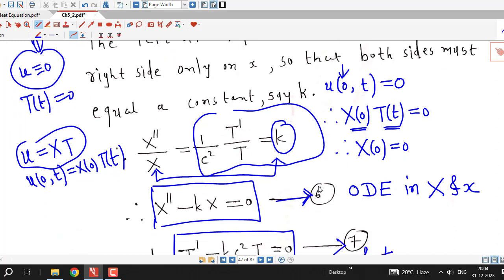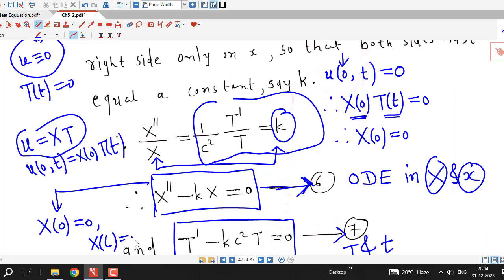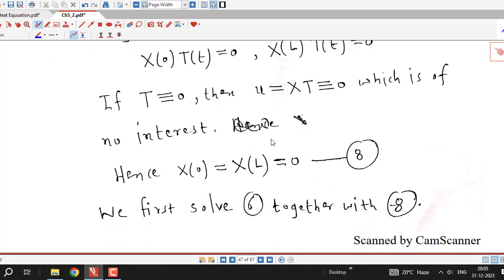So what we have obtained is that this is a second order ordinary differential equation in variable capital X and small x, and we have two boundary conditions, X(0) equal to 0 and X(L) equal to 0, and we have to find the solution of equation number 6 which satisfies these two boundary conditions. I have written all these things here, how we obtain these two boundary conditions for the ordinary differential equation which we have numbered 6.